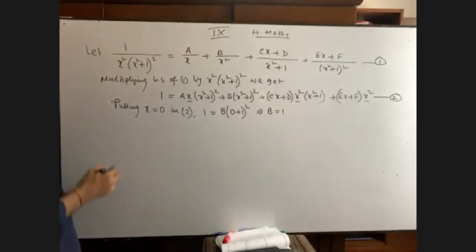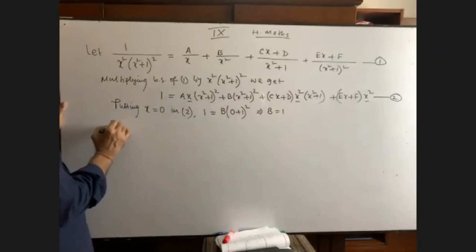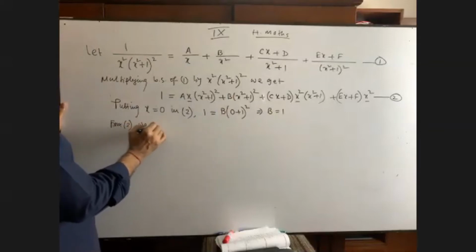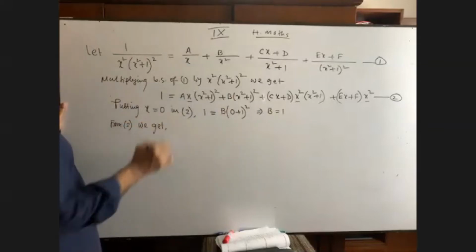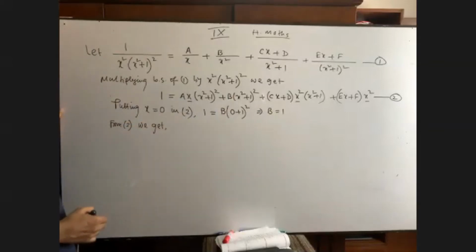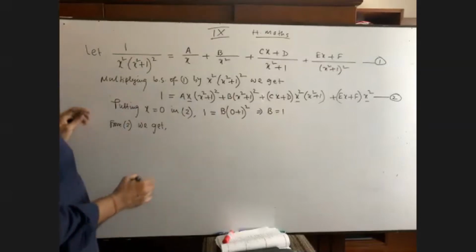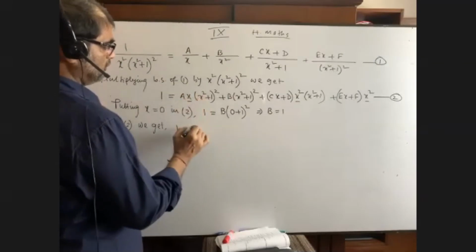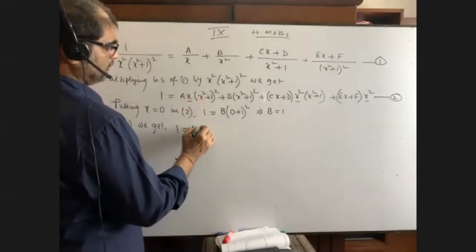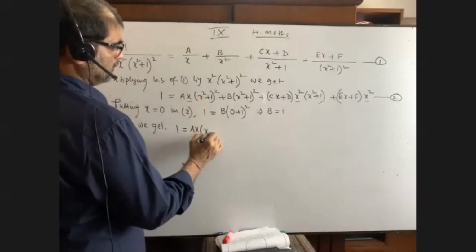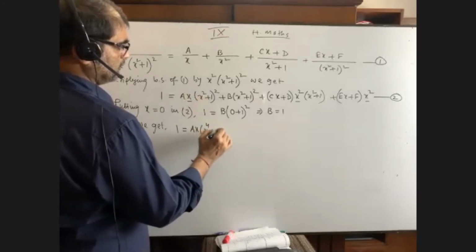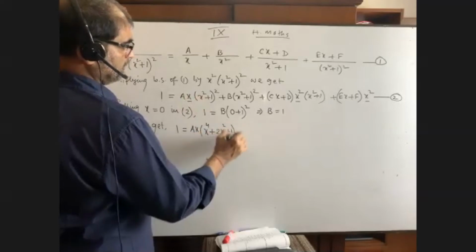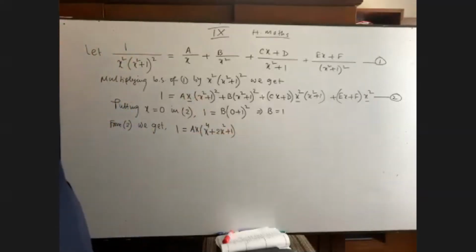Write down, from 2 we get 1 equals to ax into x to the power 4 plus 2x square plus 1, right?